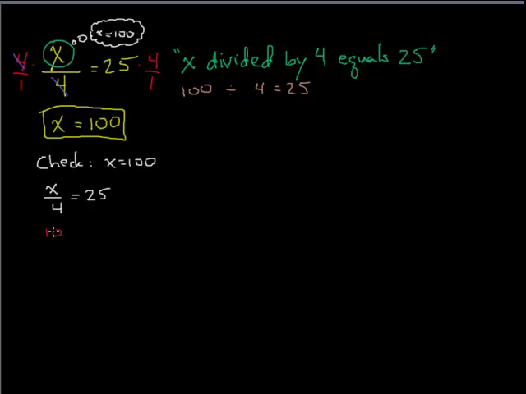I'm making that red just to emphasize it's a substitution. 100 divided by 4, does that equal 25? Well, 100 divided by 4 is in fact equal to 25. So our answer is correct. We've just verified it. Teachers love to see this, checking your work.